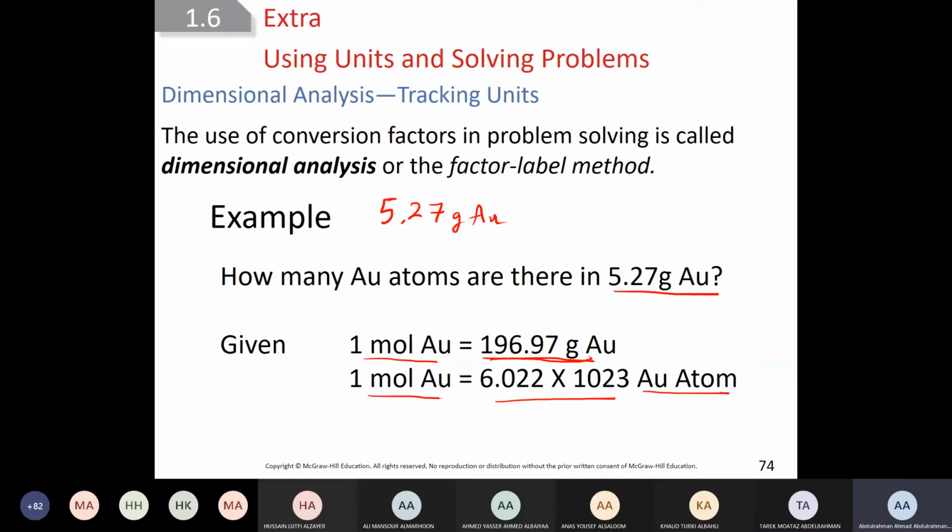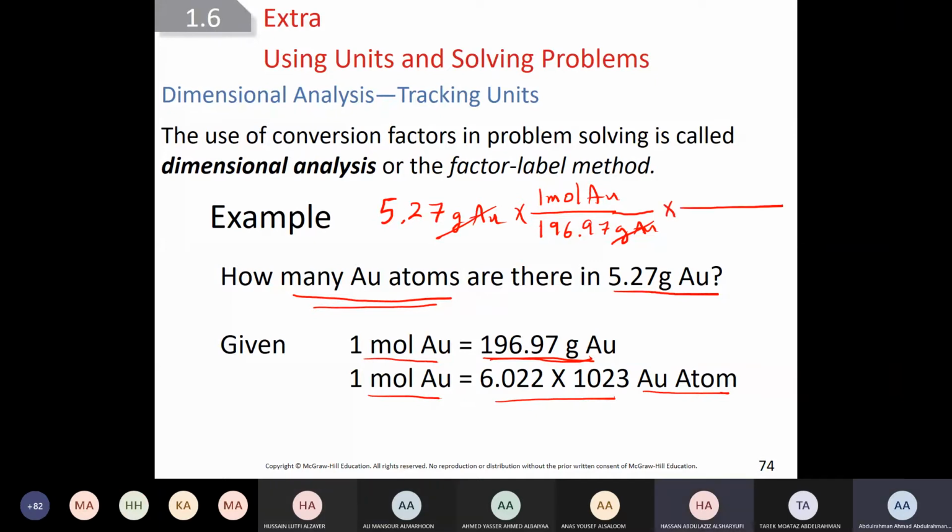How can I solve this problem? I want to know how many atoms. One mole over 196.97 gram Au. I get rid of this unit. Am I done?